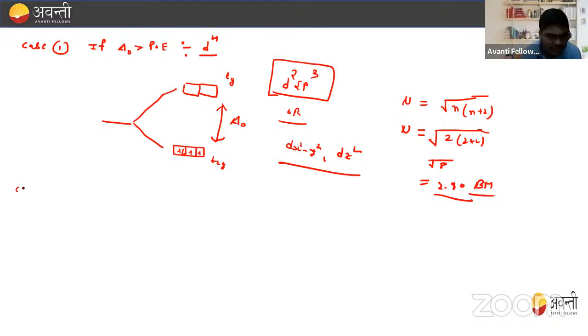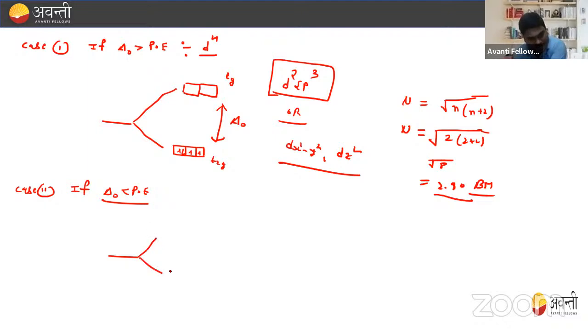Now in case 2, what is happening if the octahedral splitting is less than the pairing energy, then how will you draw the diagram? Then we'll draw the diagram like this, where the splitting is very much less.